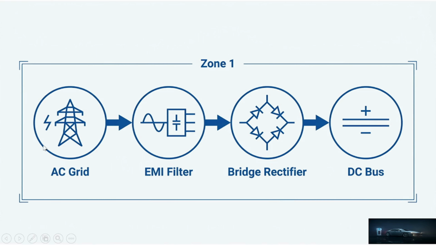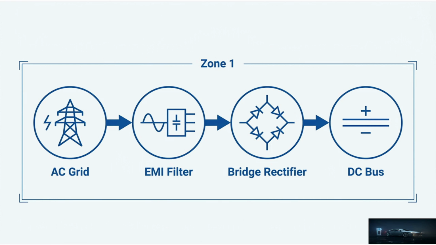You can see in the picture in the presentation. And it is converted into clean, smooth DC power at the end that can be processed by the next stage. In our case, the next zone we will discuss in upcoming videos.